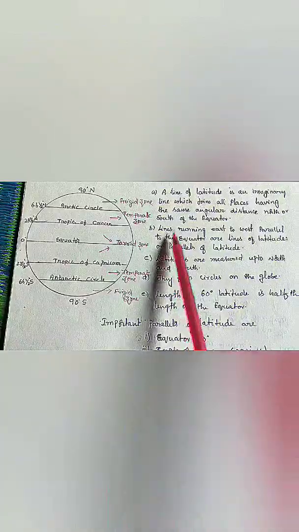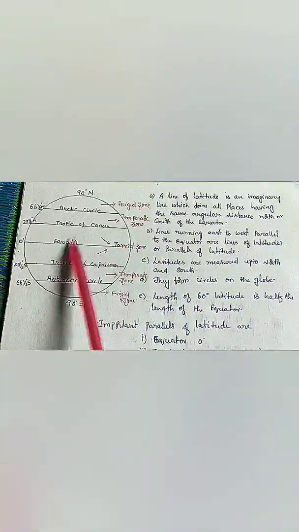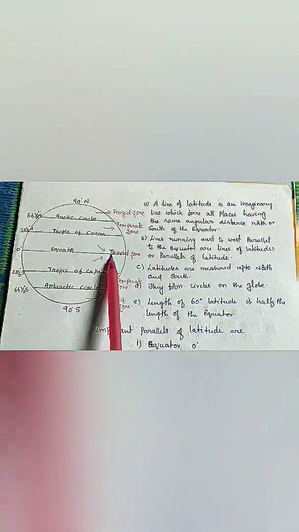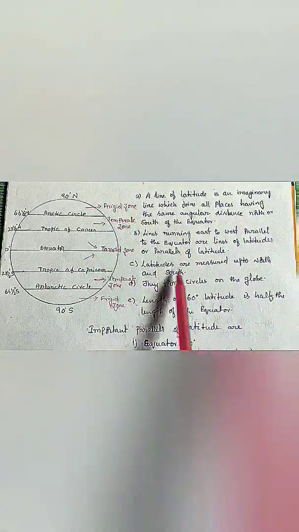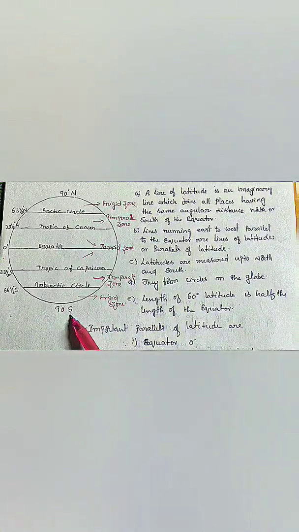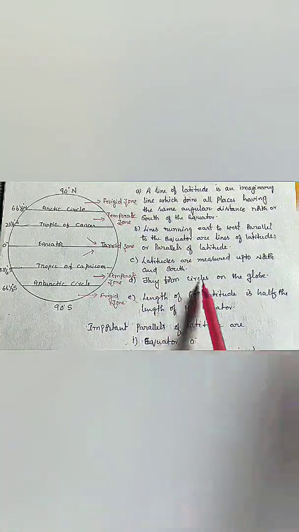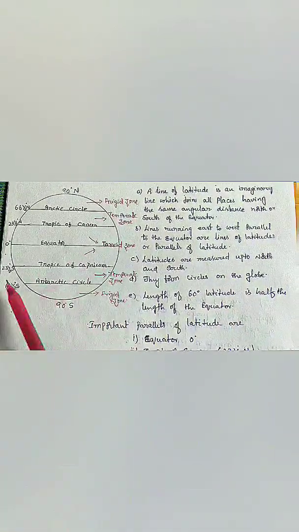Lines running east to west parallel to equator are lines of latitudes or parallels of latitude. These lines are parallel to the equator, therefore they are called parallels of latitude. Latitudes are measured up to north as well as to south. They form circles on the globe.